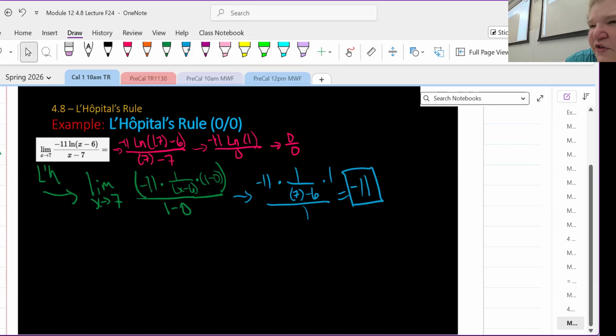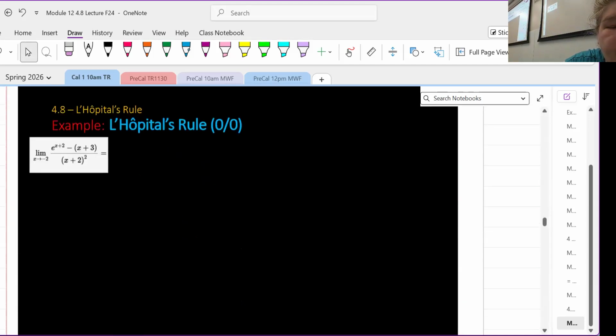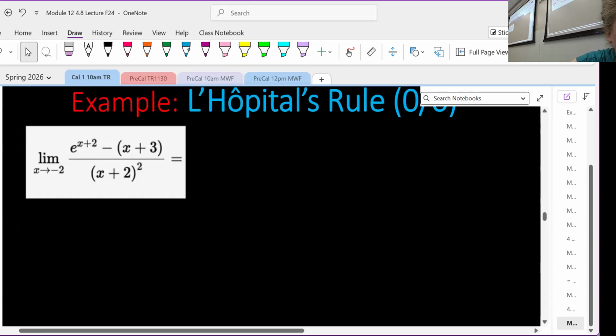So questions so far on how we're using L'Hopital's rule? All right, here's an even more disgusting limit.